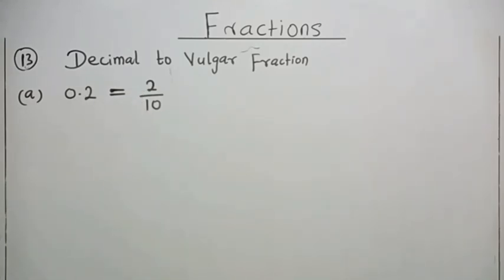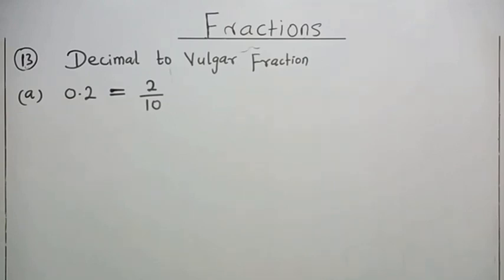Whichever way, if this is taken as a fraction, 2 over 10 is not in its lowest term. We can still break it down to its lowest term. How? We find a factor common to 2 and 10 and divide both at the same time to yield a fraction in its lowest term.